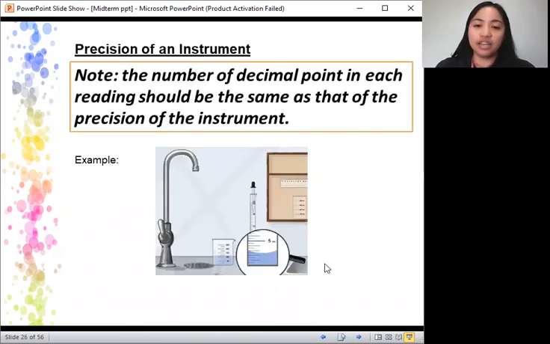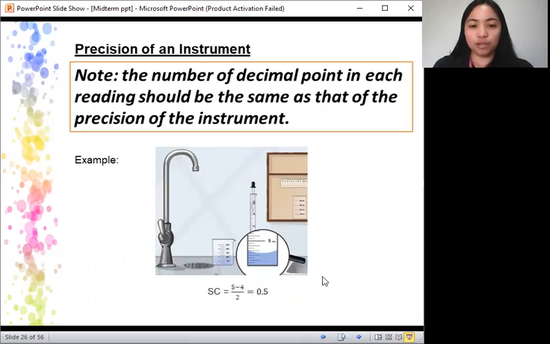Okay, so another example, the precision of the graduated cylinder. So again, the formula for the precision is equal to plus minus the smallest calibration divided by 2.